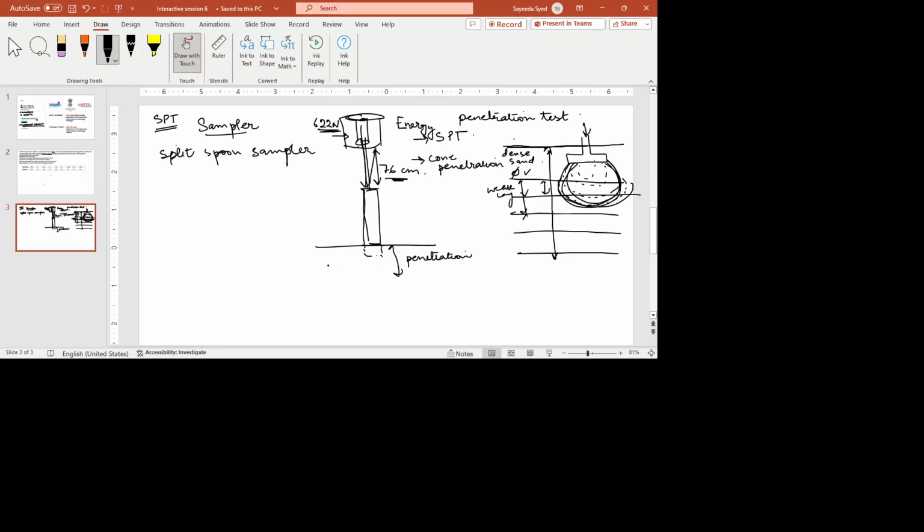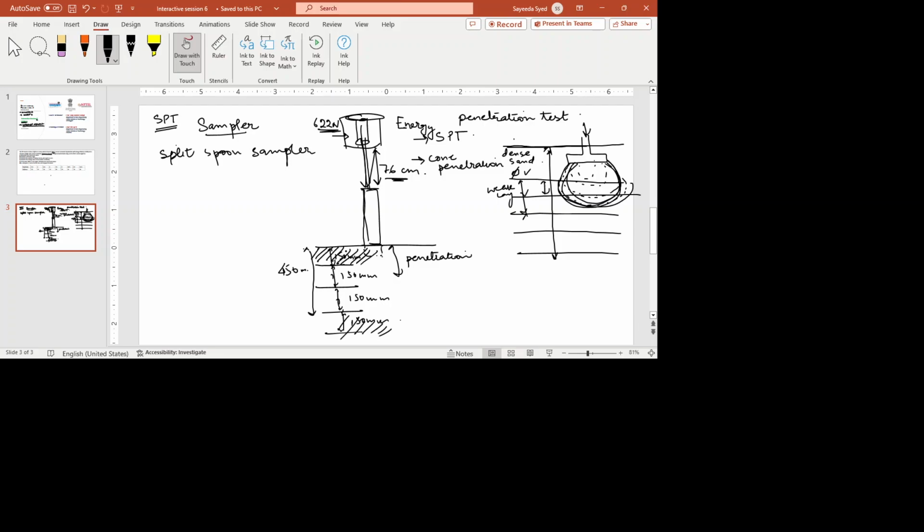In the SPT case, we count for every 150 mm. We go up to 450 mm, counting for each 150 mm, and then we discard the first reading.